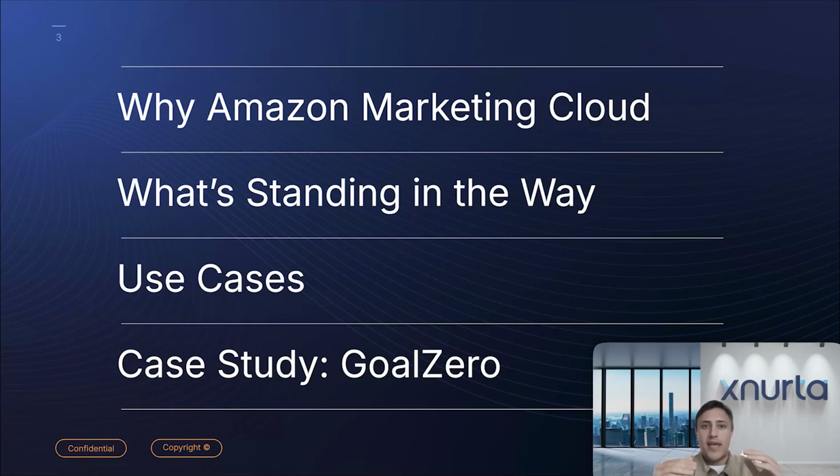Today we will cover why use Amazon Marketing Cloud, what's standing in the way for most sellers, some concrete use cases you can take away, and then a step-by-step case study with our client Goal Zero. This was actually the foundation that won the Technology Innovation Award at last year's Amazon Ads Partner Gala.